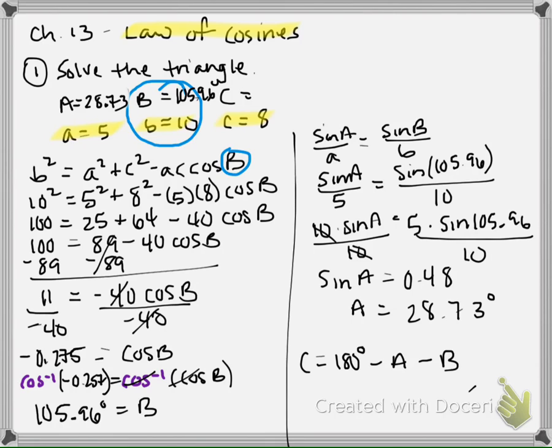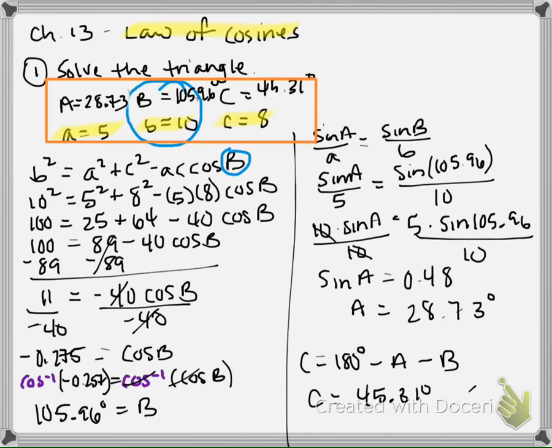So let's do that. 180 minus angle A was 28.73, minus angle B, which was 105.96, and that tells me angle C is 45.31 degrees. And I have solved my triangle. There we go. Lovely.